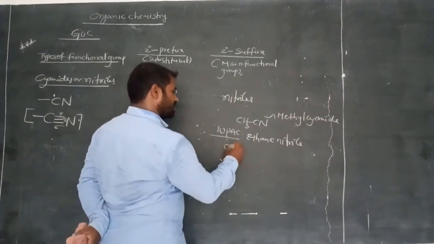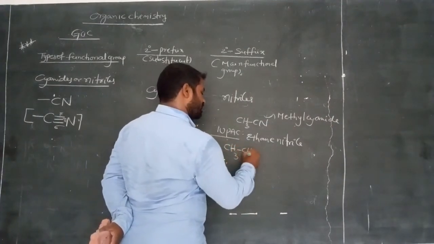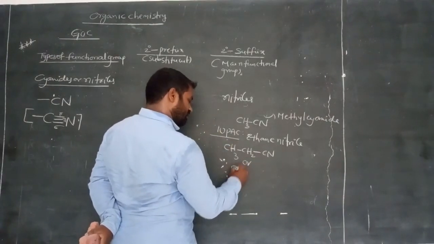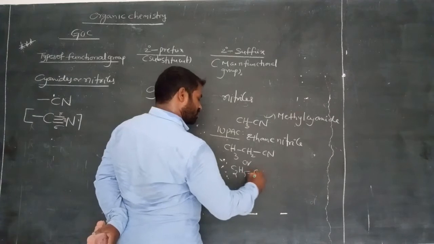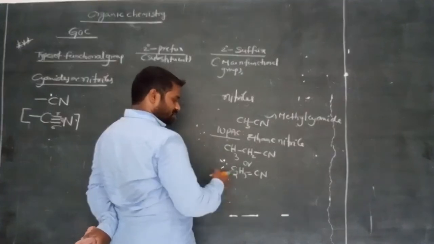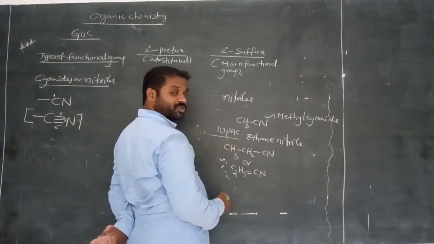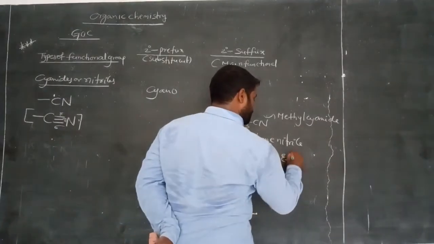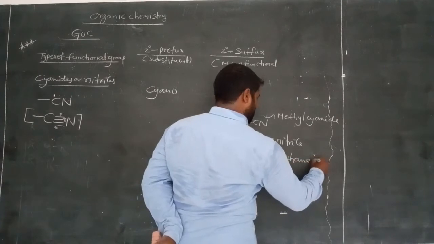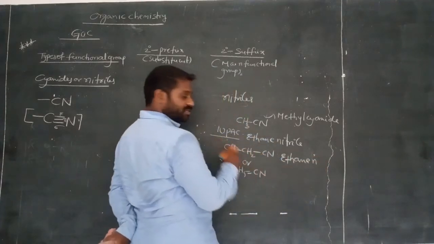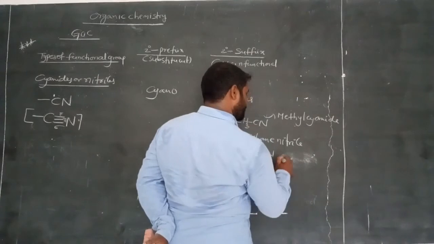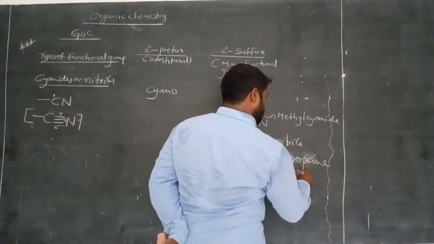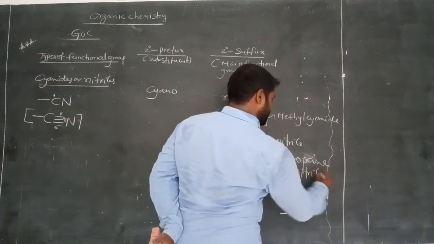What about this one? CH3 bond CH2 bond CN. You can also write this C2H5 bond CN. Okay. So now how many carbons are present here? 3 carbons: 1, 2, 3. So how can I write this? 3 means propane nitrile.